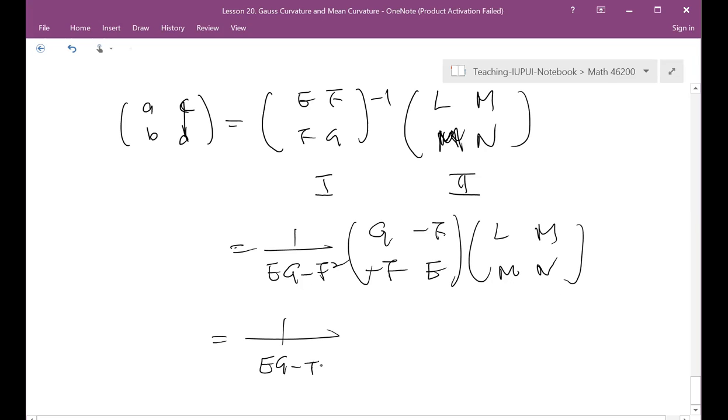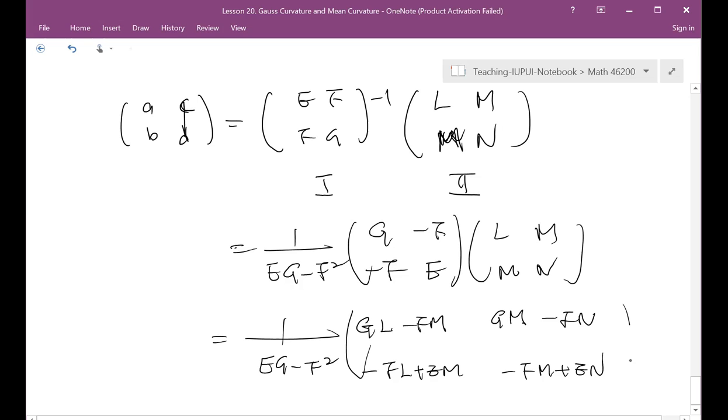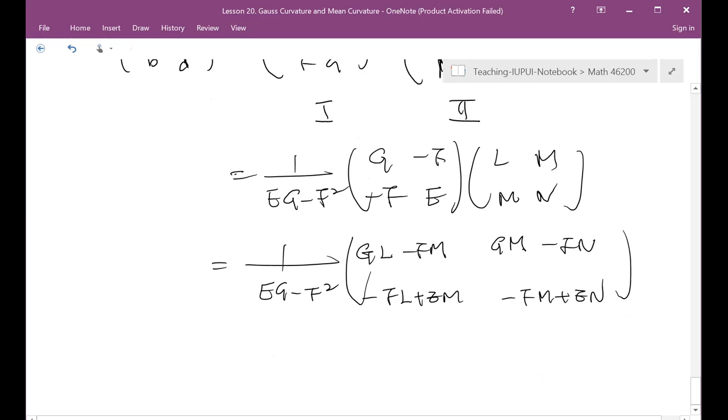So with EG minus F squared, let's compute GL minus FM, and GM minus FN, and negative FL plus EM, and negative FM plus EN. So this is A, B, C, D.